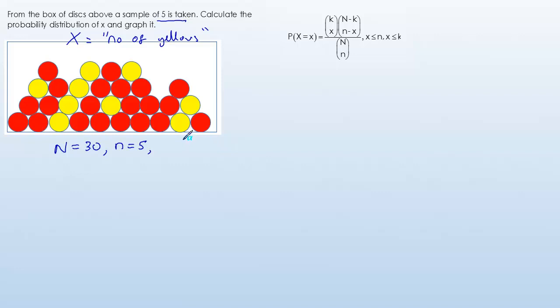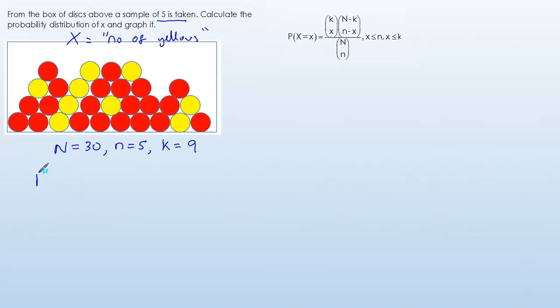The K in this distribution is the actual population of yellows within the entire population. So that's 1, 2, 3, 4, 5, 6, 7, 8, 9. So K is 9 in this case.